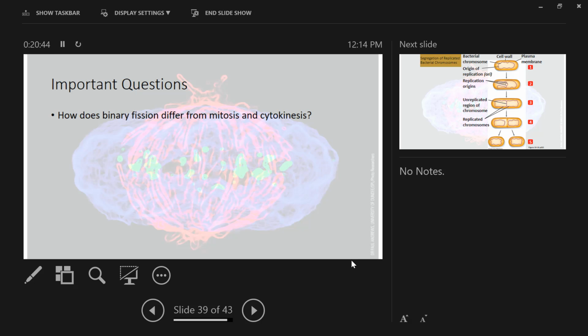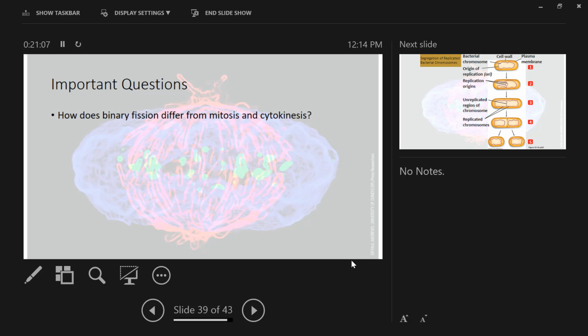All right, so how does binary fission differ from mitosis and cytokinesis? The reason I wanted to address this question is to further remind you that mitosis is not cell division. Mitosis is nuclear division. Cytokinesis is cell division.